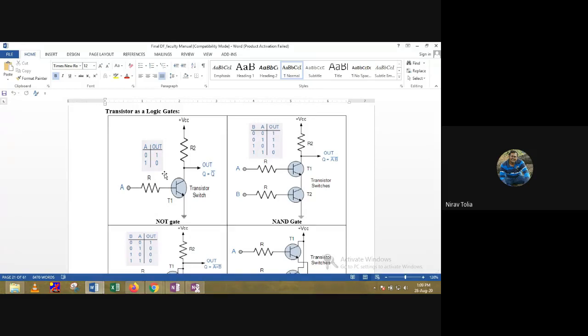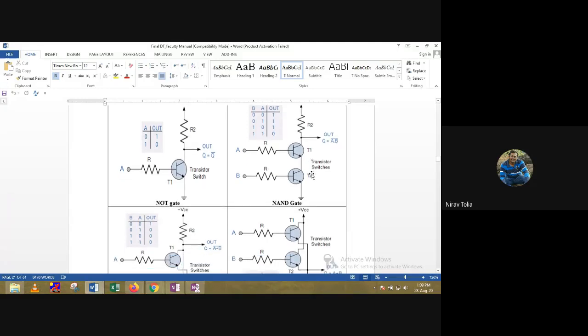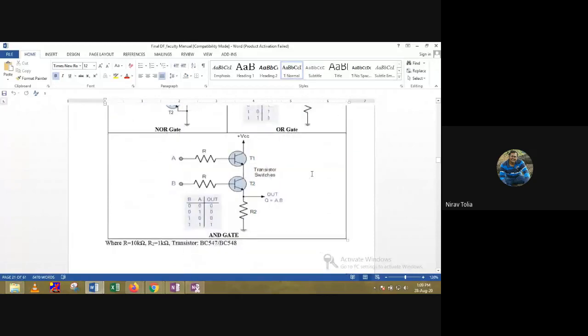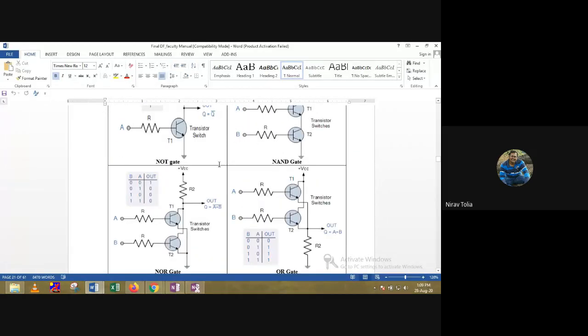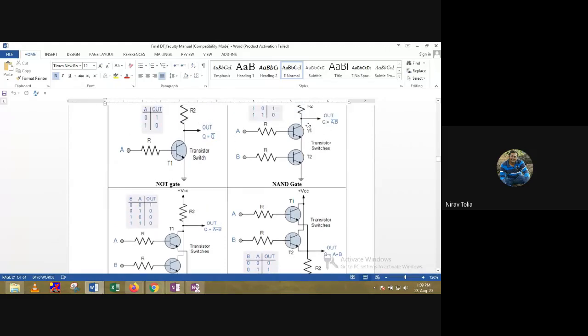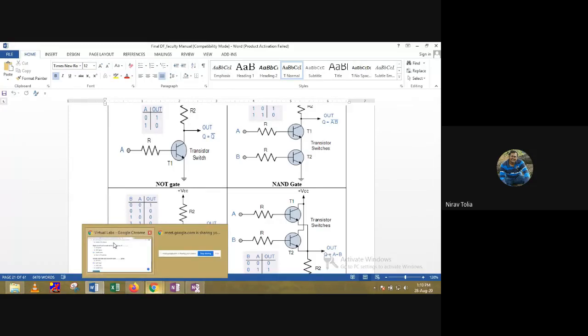NOT gate. For all other gates we require two transistors. You see here, for an AND gate we require two transistors. For OR gate, NOR gate, and NAND gate we require two transistors. And for exclusive OR and exclusive NOR we require more than 6 or 7 transistors.